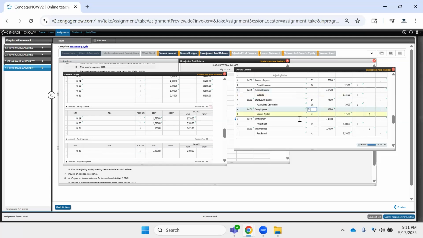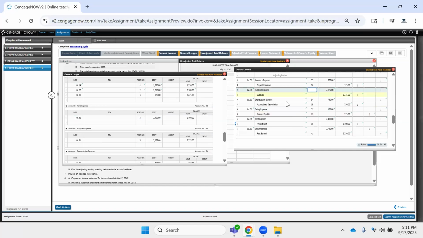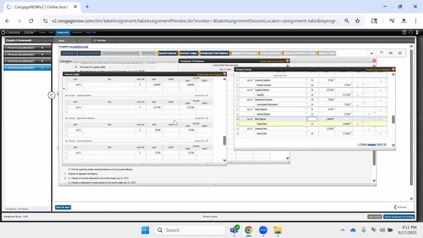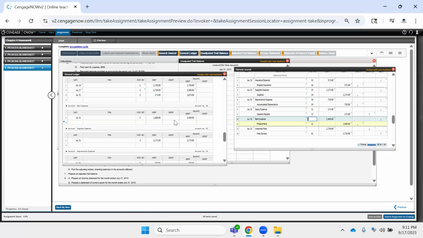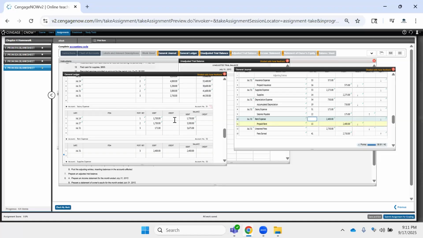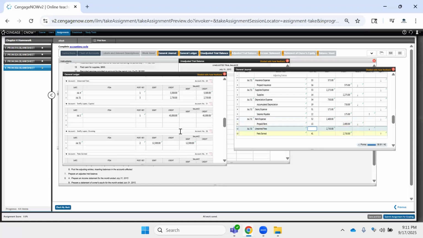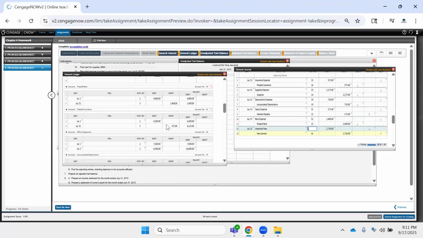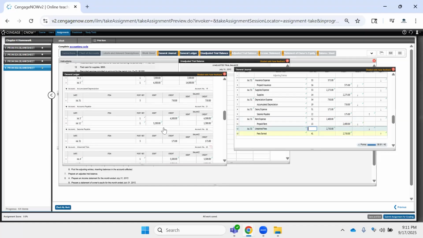Salaries expense is 51. And supplies expense is 53. And then supplies itself was 14. And then rent expense, number 52. Unearned fees was in our liabilities section, and that's number 23.